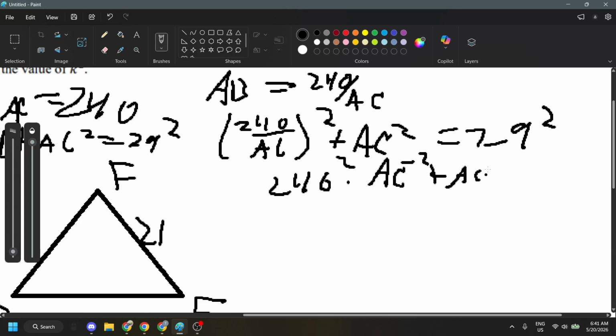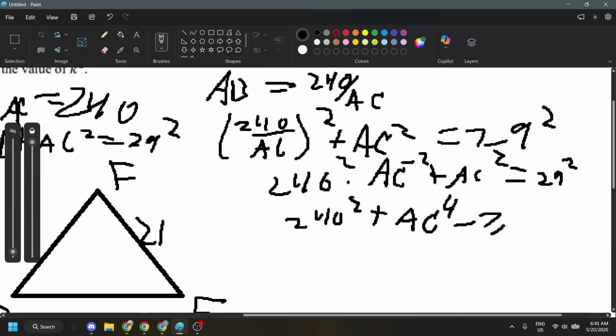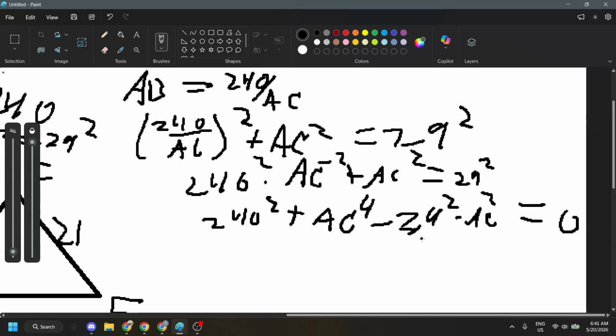If we multiply by AC squared, we can cancel that out, and then we get 240 squared plus AC to the 4, minus 29 squared times AC squared, is equal to 0.